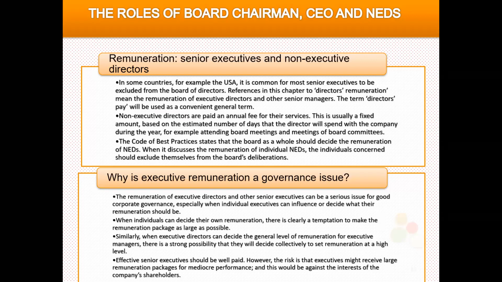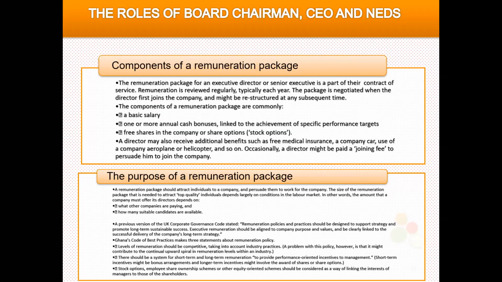It is true that senior executives should be well paid, but these senior executives might take these large remuneration packages and not perform very well. And this will be against the interests of the shareholders. So this is a whole governance issue, right? It's a governance issue because if I decide my own salary, there's a temptation to make it as large as possible.